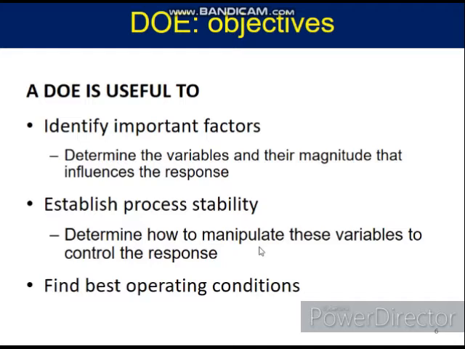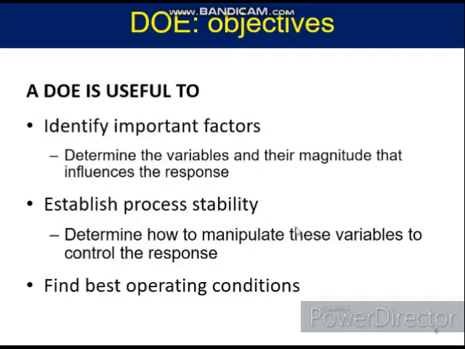However, if you set your temperature at 180 degrees Celsius, the changes in the amount of flour will not affect the softness of the bread. So that kind of information can be extracted from the analysis of the DOE.